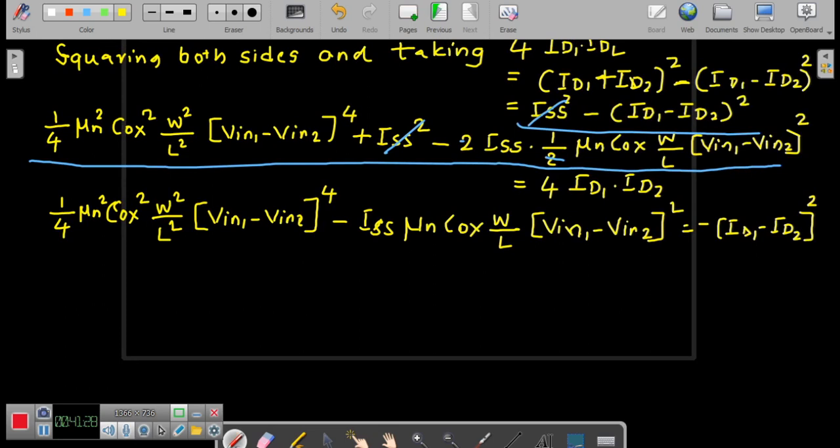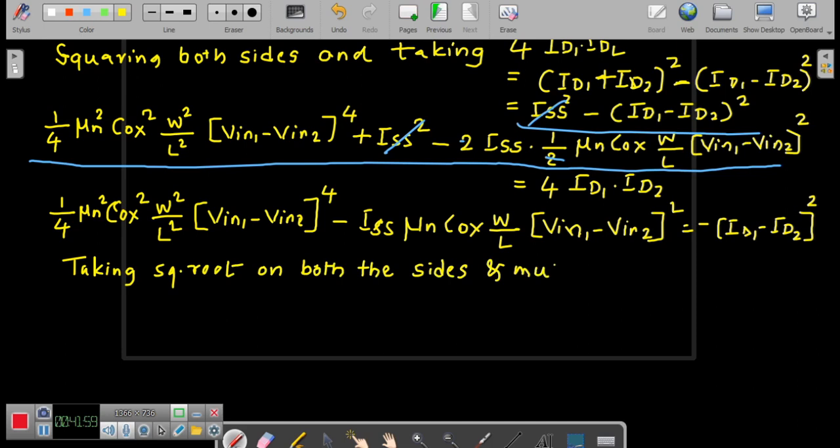Taking the square root on both the sides and multiplying by negative sign.